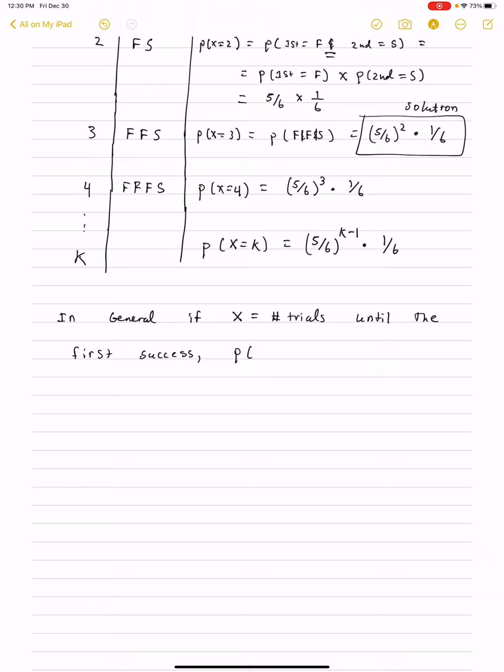The probability of success is given by p. Each trial is independent.